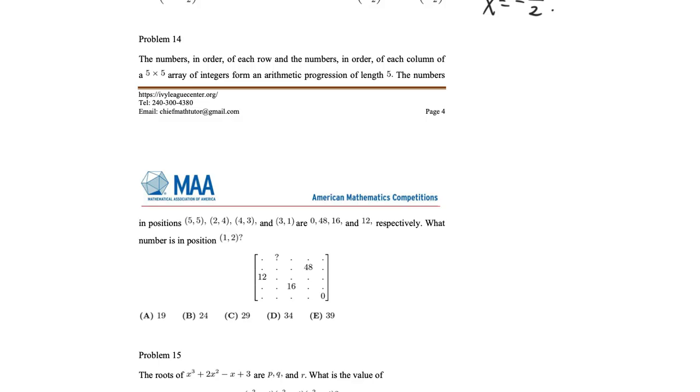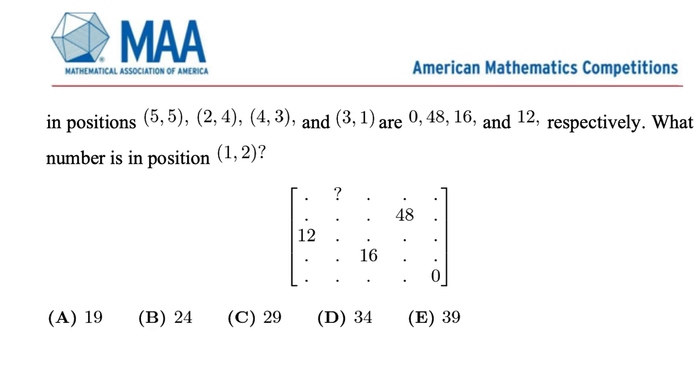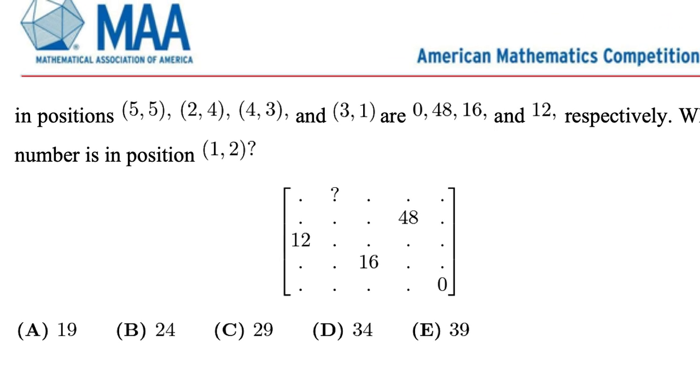What is the number in the position of 1, 2? So here we have arithmetic progressions. Nice. Okay, so then one thing we could do is go D, 2D, 3D, 4D. And then we can just deduce what these are, right?